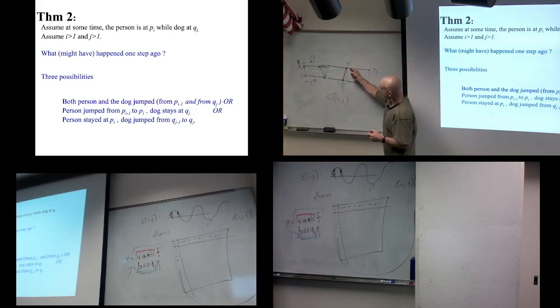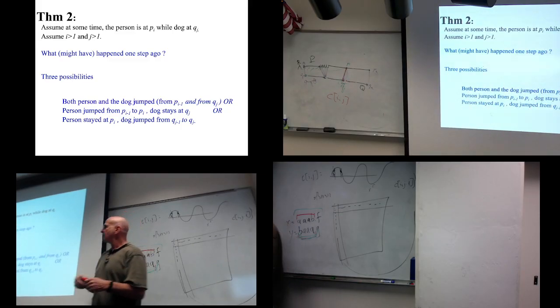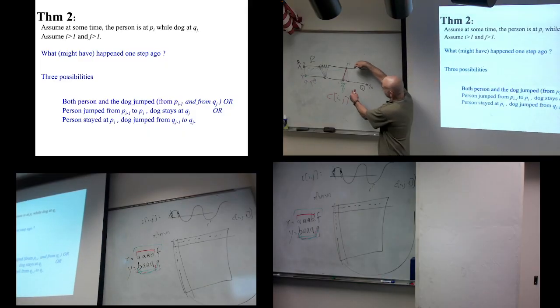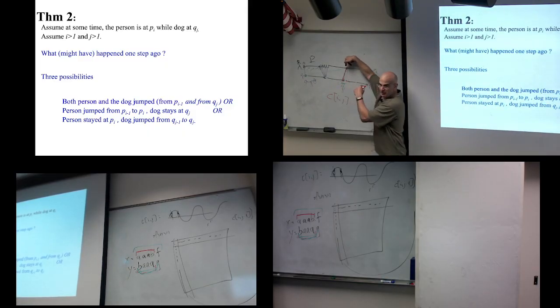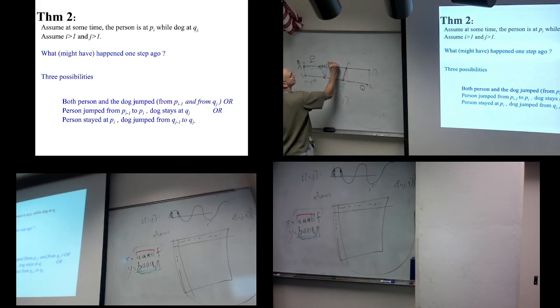I'll have to pay the length of this leash and the optimum cost of everything that happens earlier. But how can I think about everything that happens earlier? What is the step that got me to configuration PiQj? Well, I'm not sure, but there are only 3 options. One time step ago, either I was at Pi minus 1 and the dog was at Qj minus 1, and then from this scenario to this scenario, we both jumped.